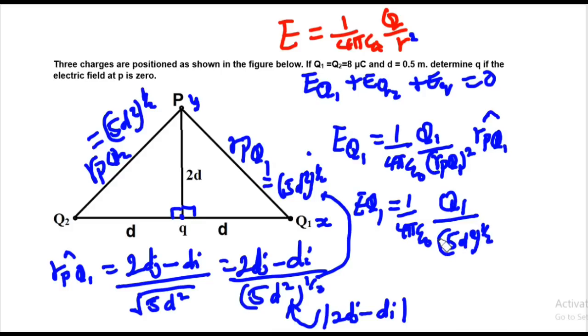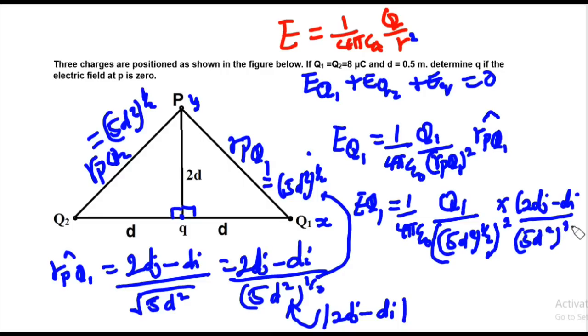If we are to square everything, this goes. So we have this now as 2DG minus DI upon 5D square to the power of half.